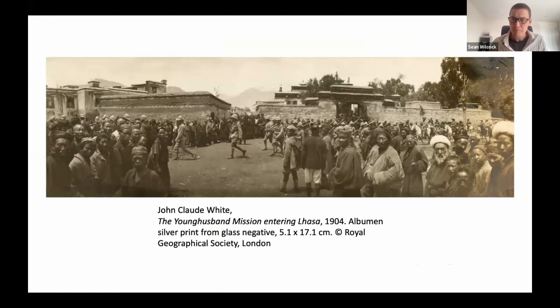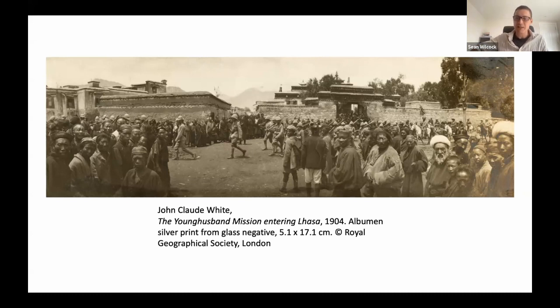The camera and its procedures, I think, were just as much a part of the invasive spectacle of empire as any parading soldiers or envoys were. And we get quite a striking sense of this in the image that I have up here by John Claude White, which shows the triumphant entry of the Younghusband mission into Lhasa in Tibet in 1904.